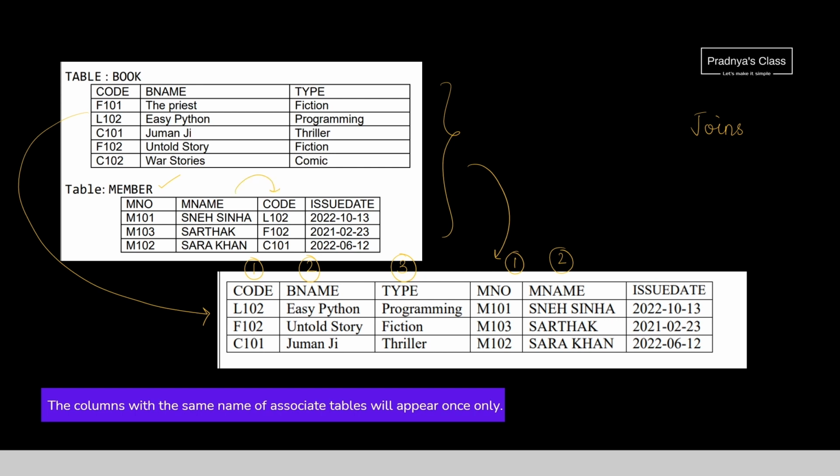When we look at the next column, that is code, this column is present in the book table also. So in case of natural join, the columns with the same name of the associated table will appear only once. You can see here the column code is already printed. That's why it will not get printed again. Then moving ahead to the next column, issue date is getting printed.